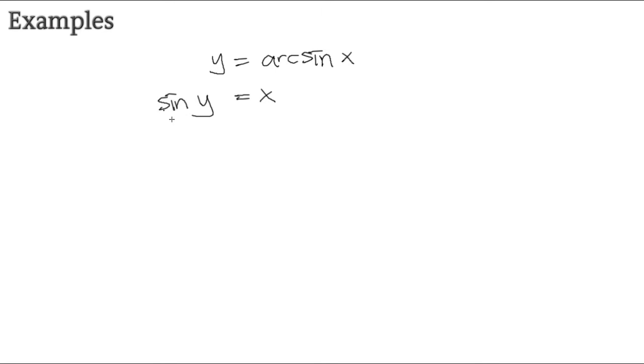Right now, what we can do is differentiate both sides with respect to x. So x differentiated with respect to x, dx by dx, gives us just straight 1.